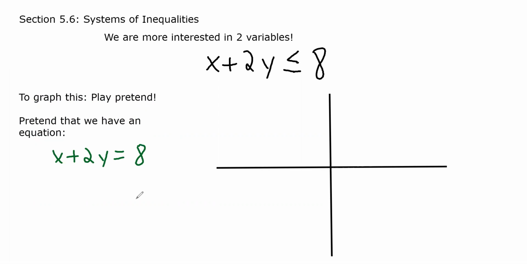We're going to graph this equation first. And then what we're going to do is we're going to shade. That's going to create a line. You can tell that's a linear equation. We're going to shade either entirely above the line or entirely below the line. And we're going to use some special trickery to figure that out.